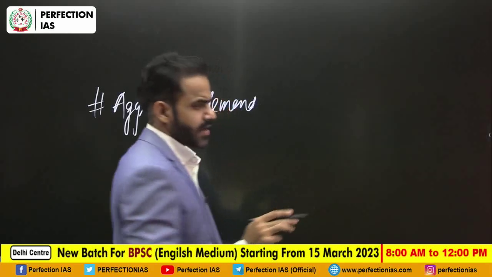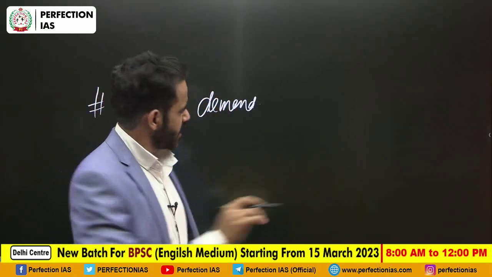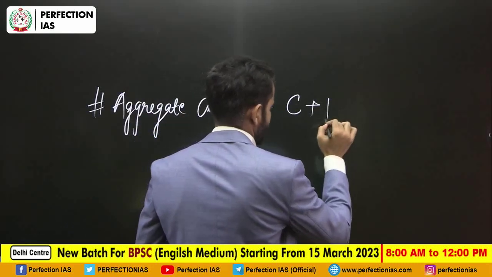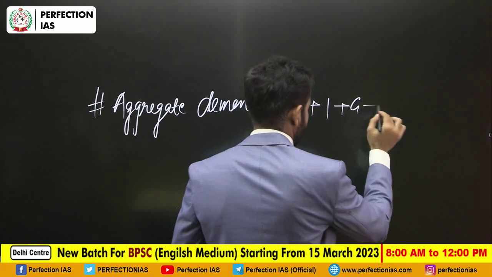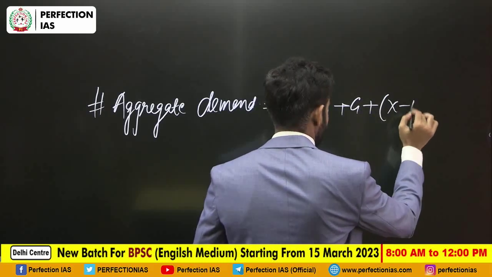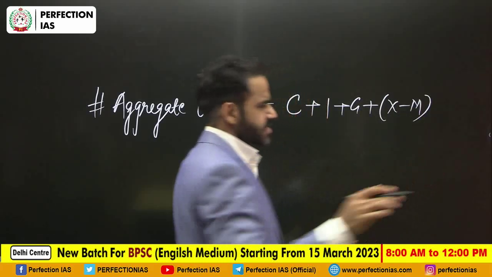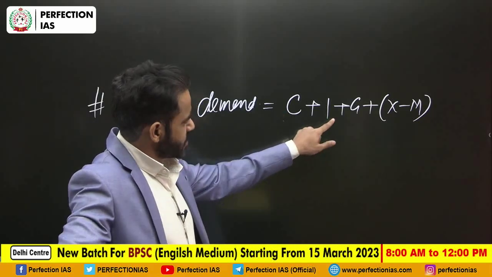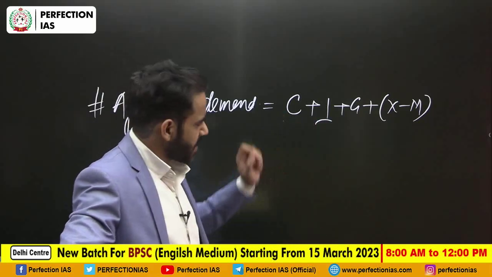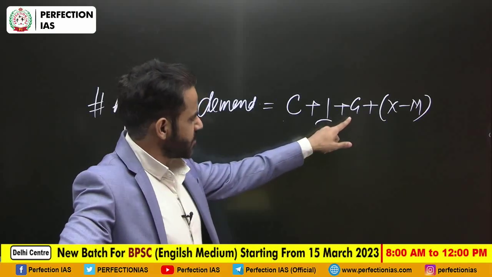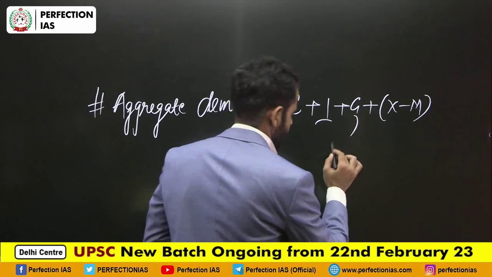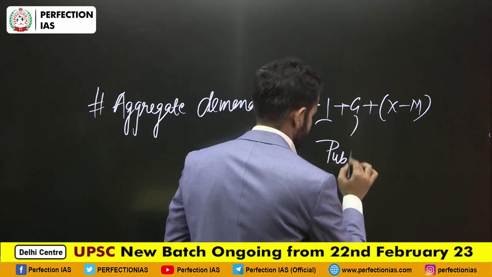So aggregate demand means total demand, that will be C, I, G plus X minus M. C stands for consumption by the public, I stands for investment by the private players, G stands for investment by the government or public expenditure.